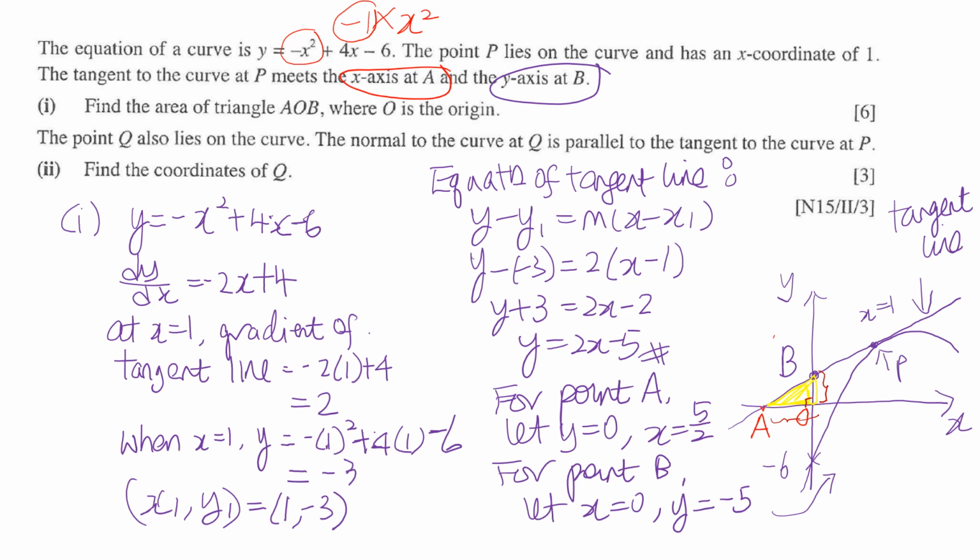Which means my tangent line, okay, never mind, I will revise it. It's okay because the first time when you draw, you don't know what your x coordinate for point A and y coordinate for point B are. So you just draw it and then you realize that y is actually negative 5.